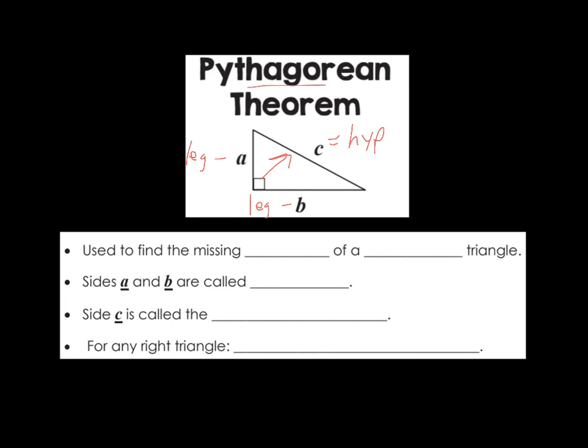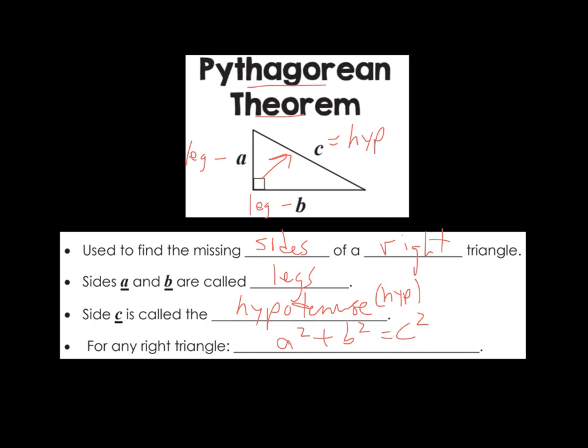The Pythagorean theorem itself is used to find the missing sides of a right triangle. Sides A and B are called the legs, C is called the hypotenuse, and a squared plus b squared equals c squared is the Pythagorean theorem itself. Now that we have that speedy review, just remember we can always just call this the hype, H-Y-P.